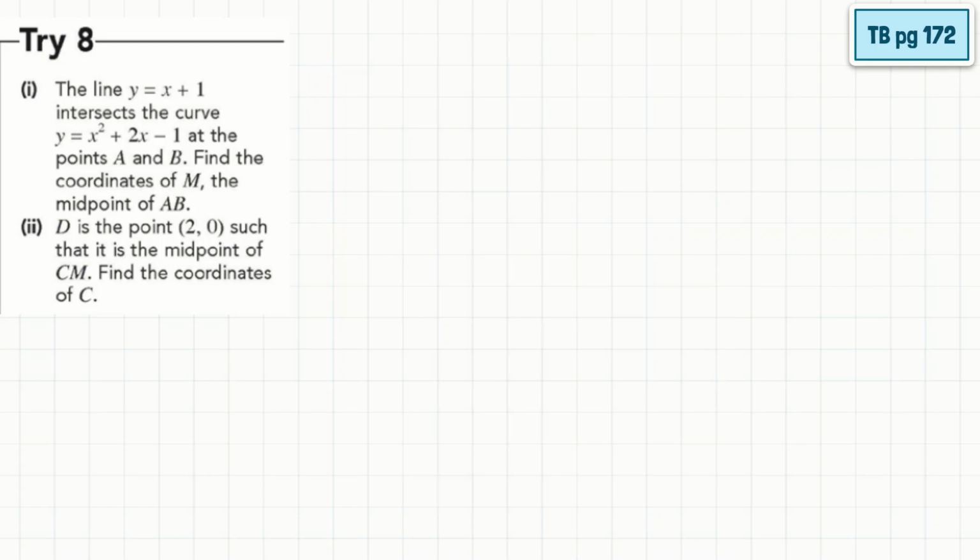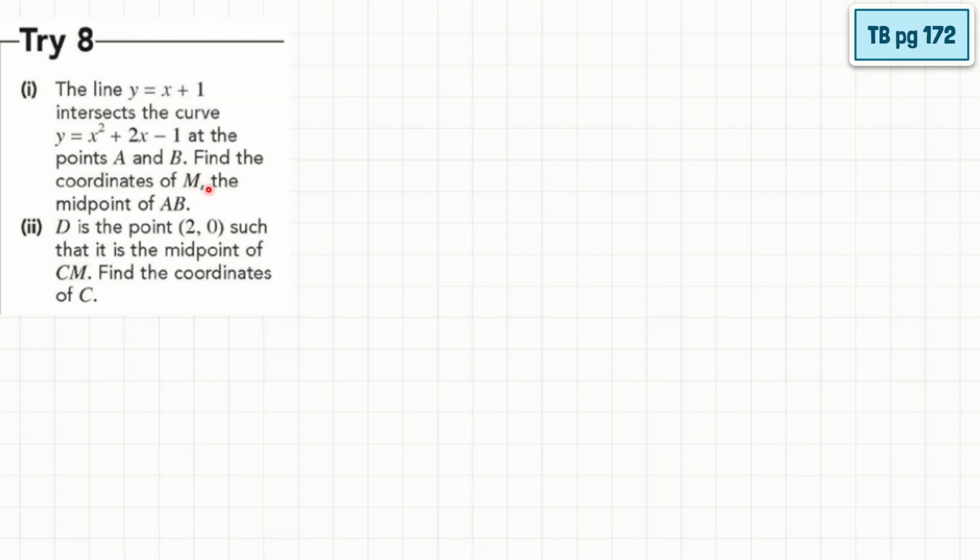So in part I, we see that the question says the line y equals to x plus 1 intersects the curve y equals to x squared plus 2x minus 1 at the points A and B. We want to find the coordinates of M, which is the midpoint of AB. While this question seems to be very short with only 2 sentences, it actually has a lot of things found within it.